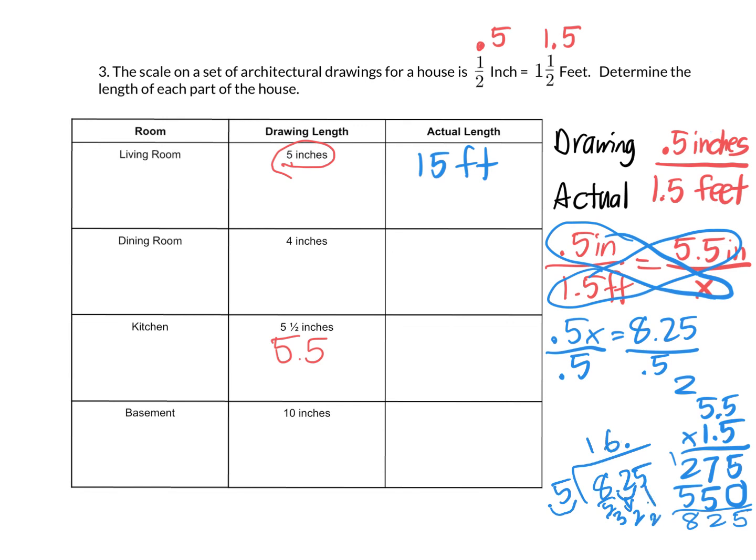It's going to leave 225. So my answer is 16.5 feet. So you would do the dining room and the basement the same way. It's just that this number right here will change to 4 and 10, depending on what room you are doing.